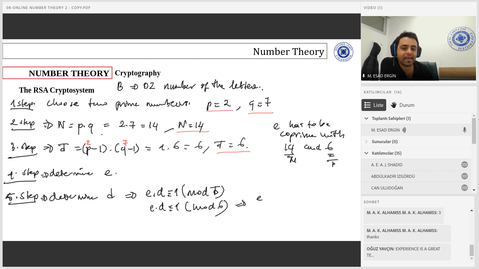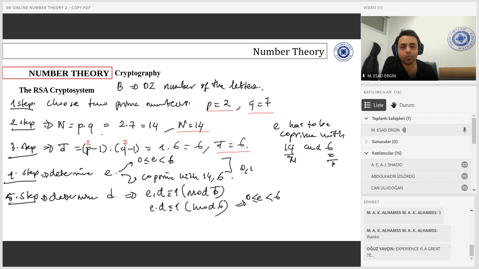Here we can say that E has to be greater than or equal to 0 and smaller than 6, and it also has to be coprime with 14 and 6. Now what are the possibilities? For example, 0, 1, 2, 3, 4, and 5.